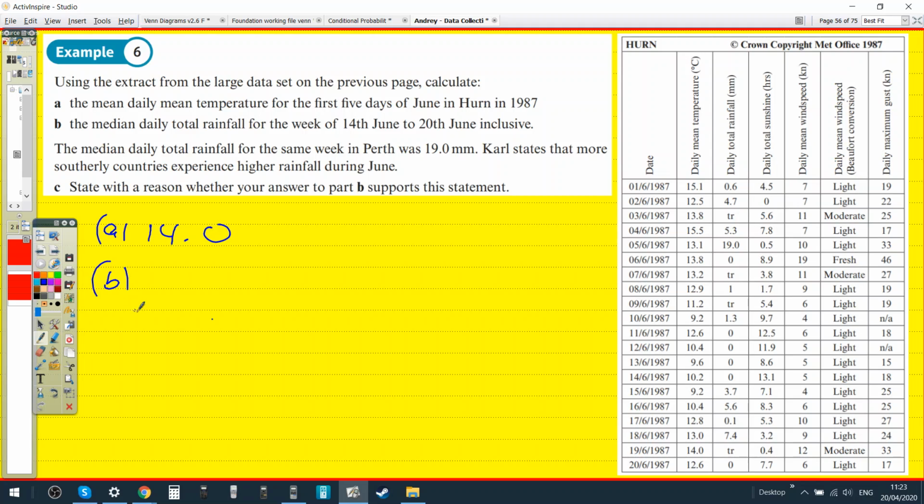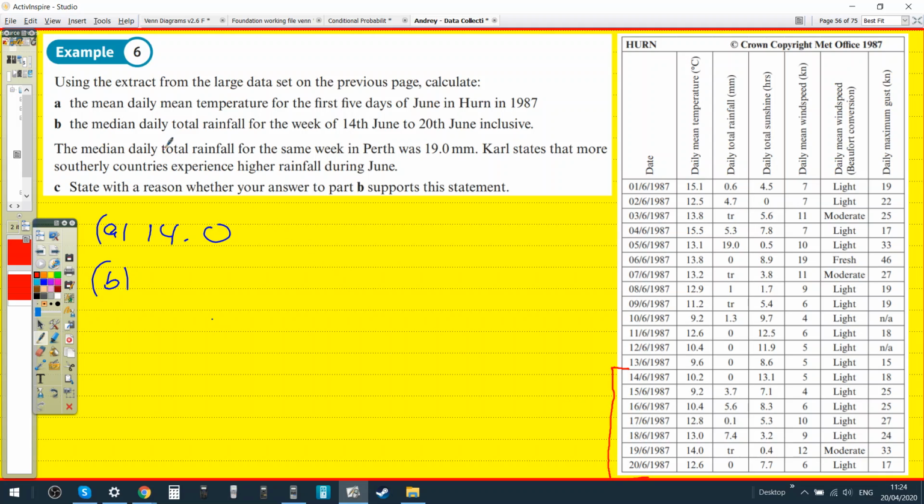Okay, B. I need to get 14th of June to 20th of June in order. Yep.